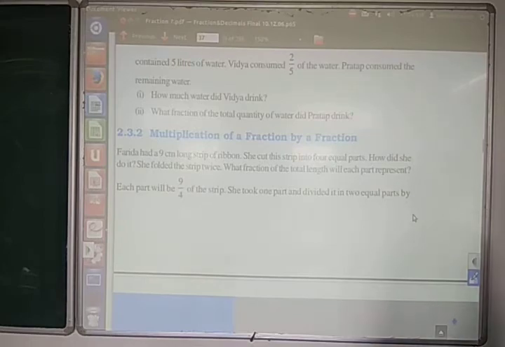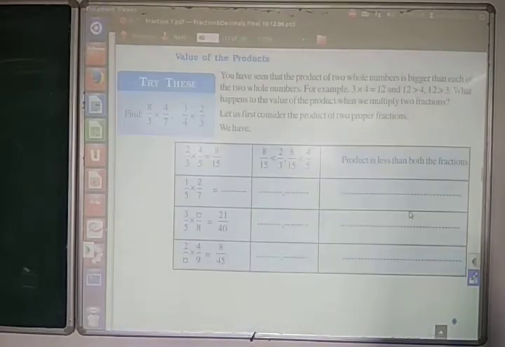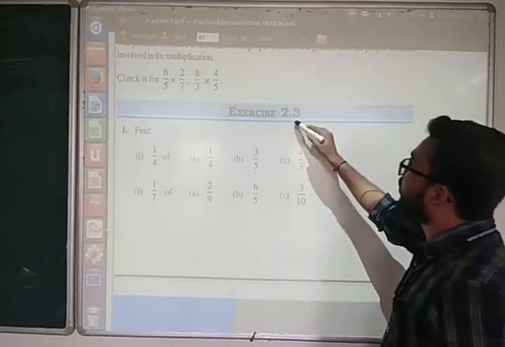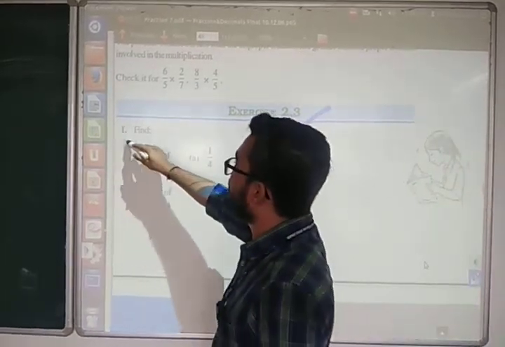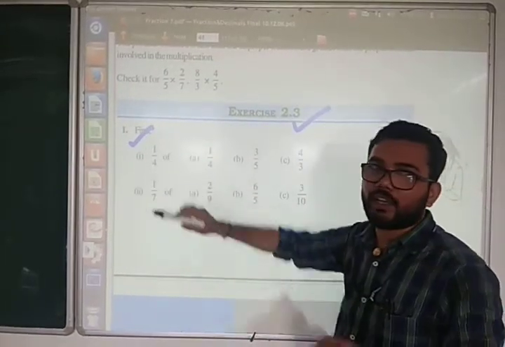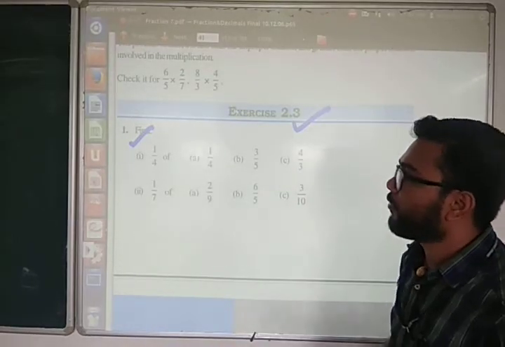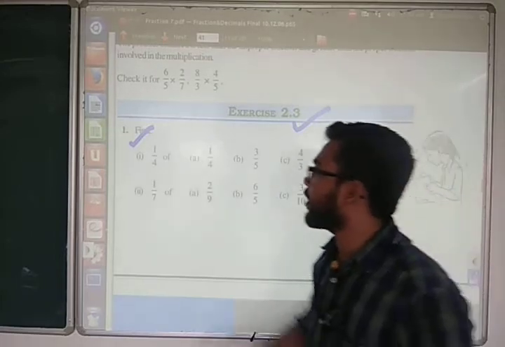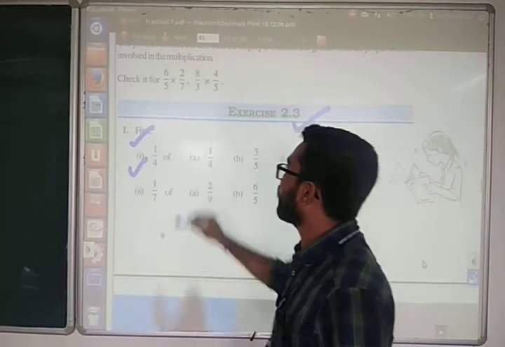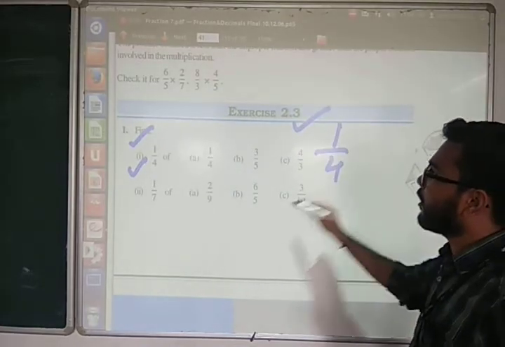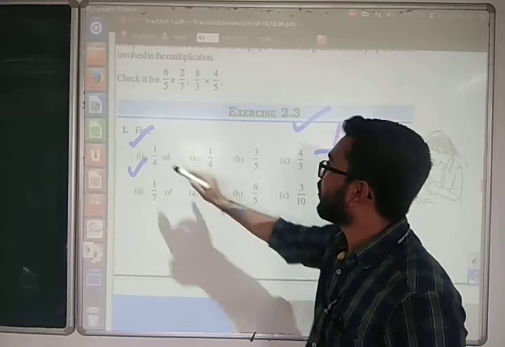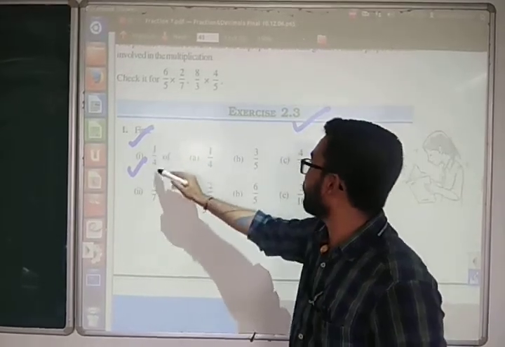in the next exercise 2.3, you can solve this exercise also easily because I have taught the concept of fraction of fraction, meaning how you multiply a fraction of a fraction. Here it is given 1 by 4 of 1 by 4, 1 by 4 of 3 by 5, 1 by 4 of 4 by 3.